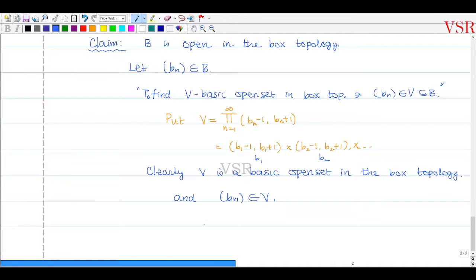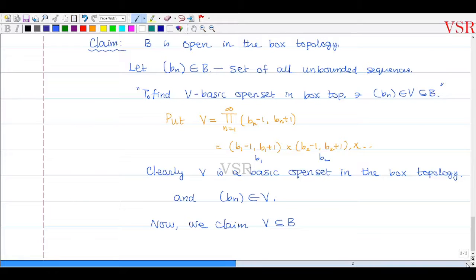நான் இப்ப என்ன ப்ரூஃப் பண்ண போறோம் அப்படின்னா, now we claim this capital V is a subset of capital B. B ங்கிறது வந்து என்னது? Set of all unbounded sequences. Okay, அப்ப நான் அந்த V ல ஒரு எலிமெண்ட் எடுக்கிறேன்னு வெச்சுக்கோங்களேன். I'll take it to the next page.